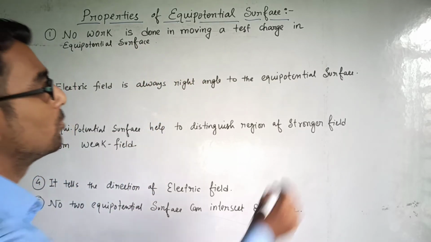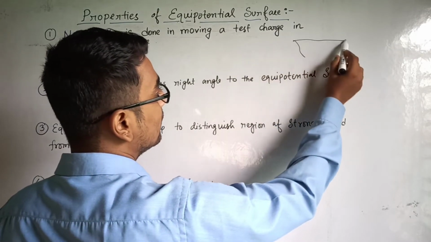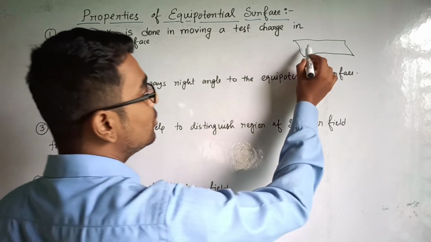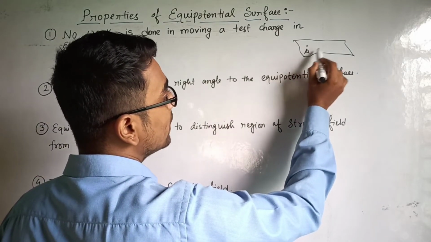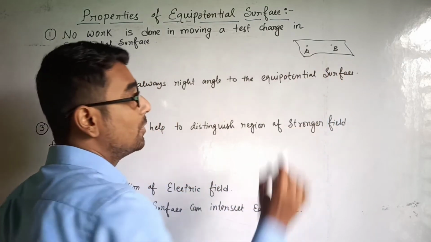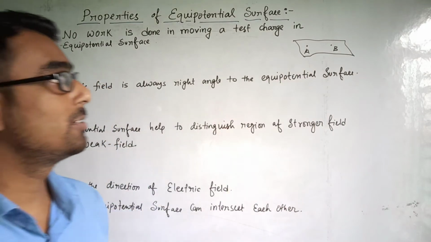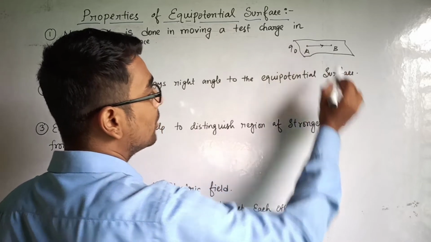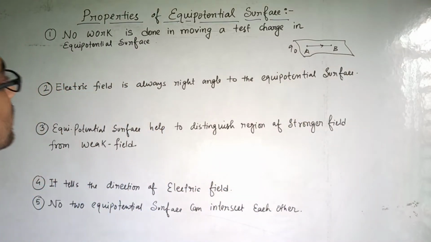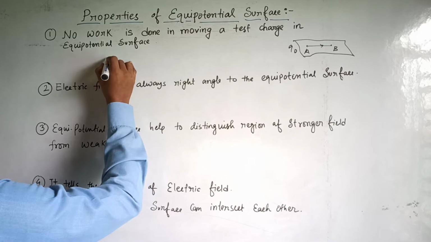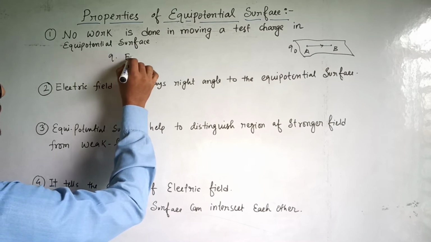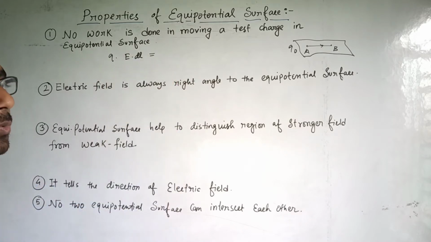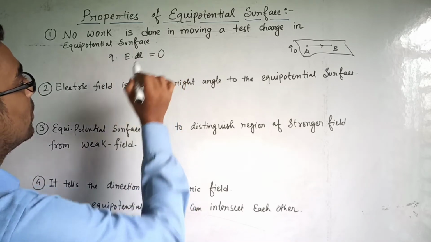Suppose we consider a surface like this, and we wish to move a test charge, say Q naught, from A to B. In that case, we should write that Q into E dot dl will be equal to 0.